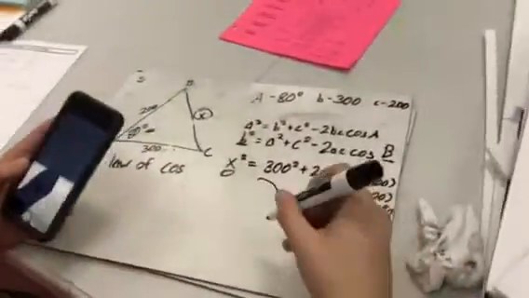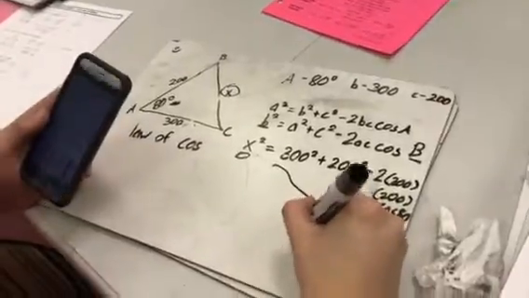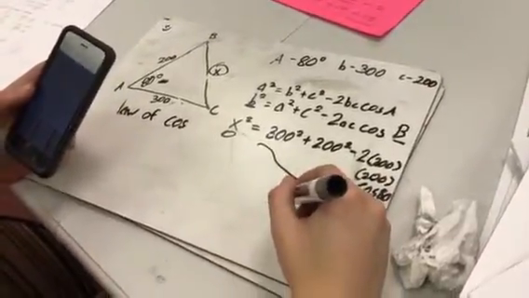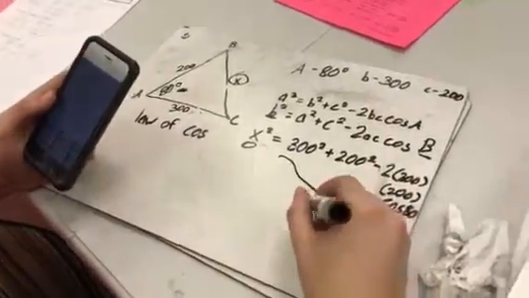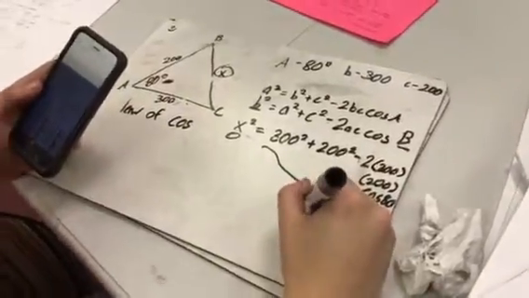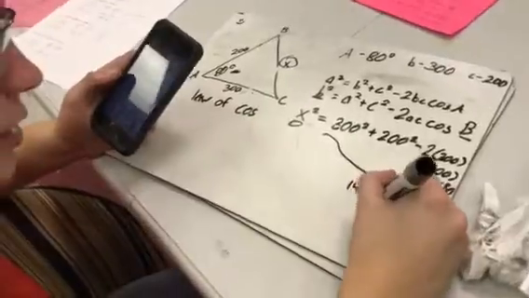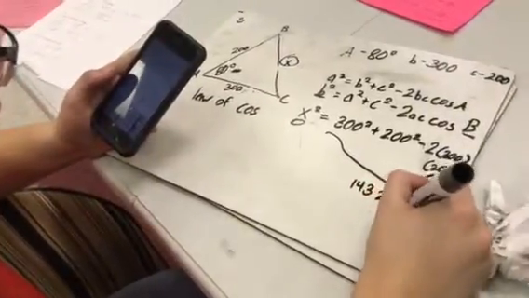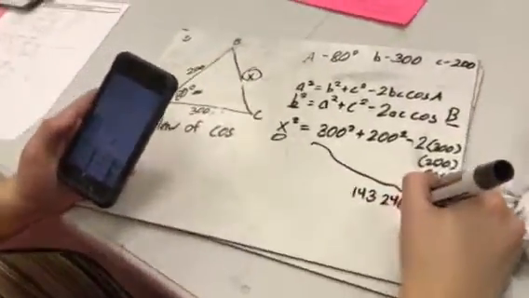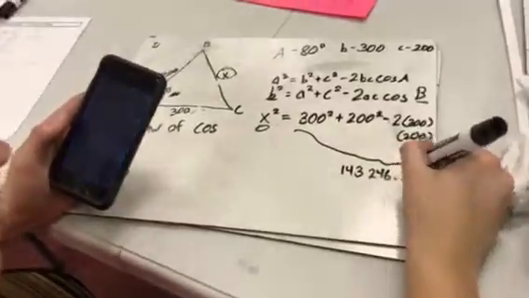And that would be a very big number. It'll be 143,246 point, let's just go with 5.